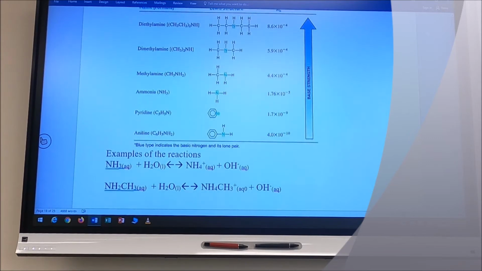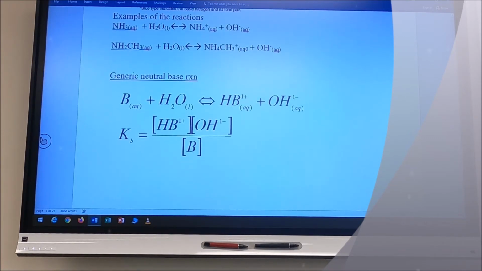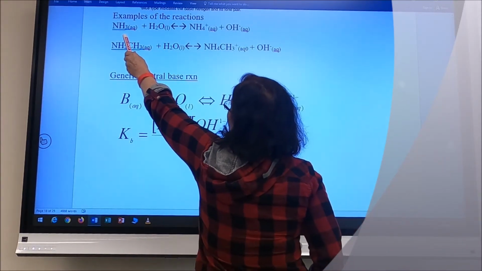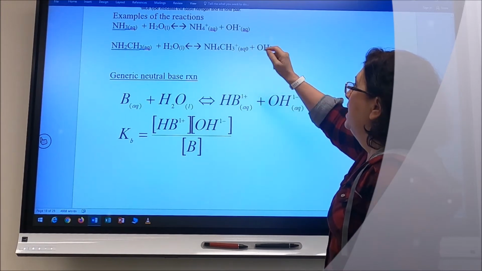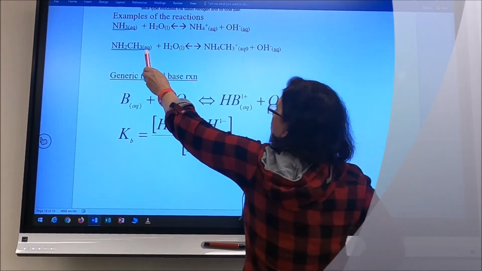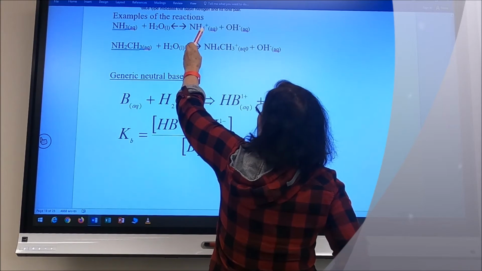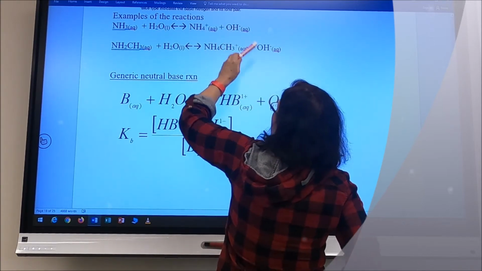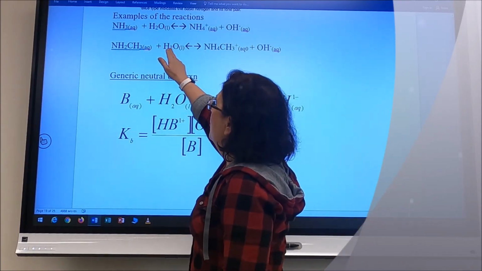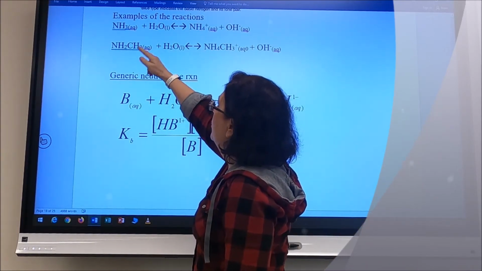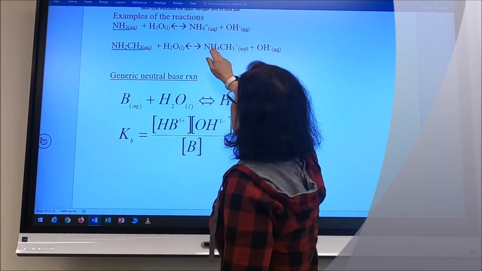Now, if I have ammonia and I react it with water, ammonia is going to be our base, water is going to be our acid. Ammonia picks up a hydrogen ion, it becomes an ammonium ion. Water gave up a hydrogen ion, it becomes a hydroxide ion. So base, conjugate acid, acid, conjugate base. If I have NH2CH3, it goes through the same process. It's going to accept a hydrogen ion from water.